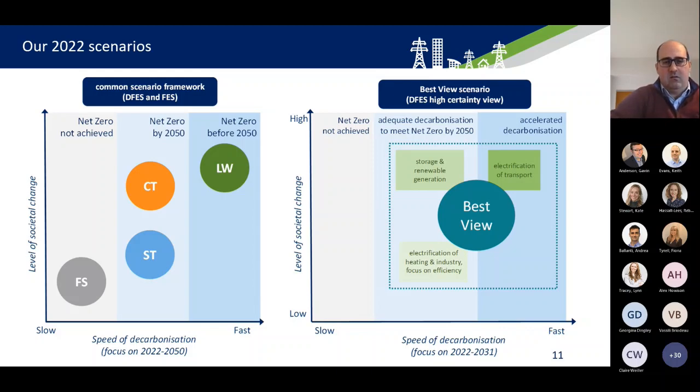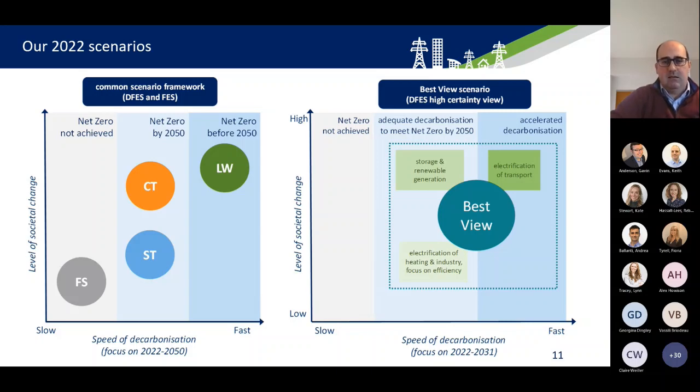On the left-hand side on this slide, you can see the 4 scenarios that are part of the common scenario framework between all DNOs and the ESO. So you can find these scenarios with the same names and the same high-level assumptions across all DFES published by the 6 DNOs in Great Britain and also with National Grid's ESO.